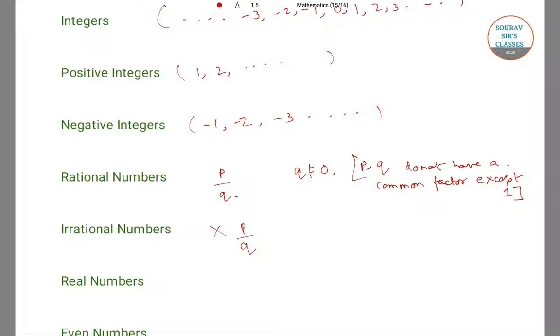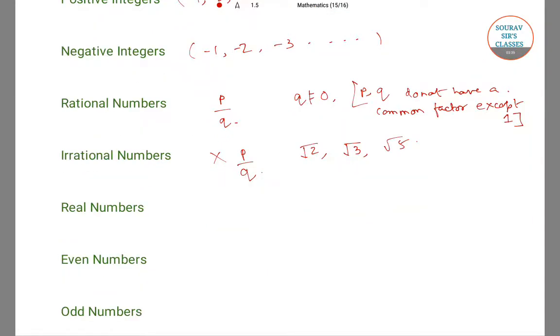Examples of irrational numbers are √2, √3, √5, etc. Real numbers are the set of those numbers which are either rational or irrational.